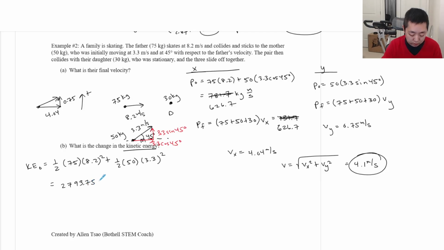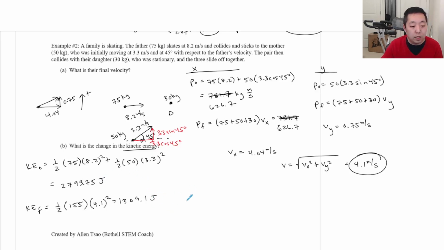2793.75 joules. And then the final kinetic energy is 1/2 their total mass. Combined mass is 155, and their speed was this 4.1 squared, right? And so I get 1309.1 joules.